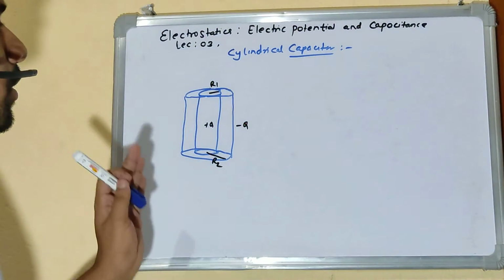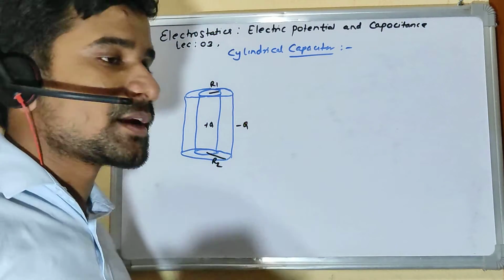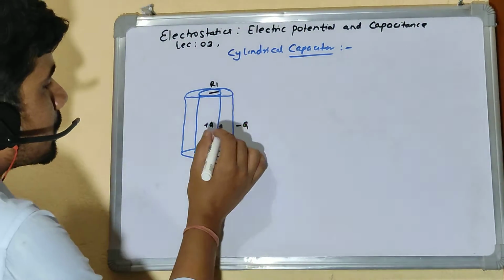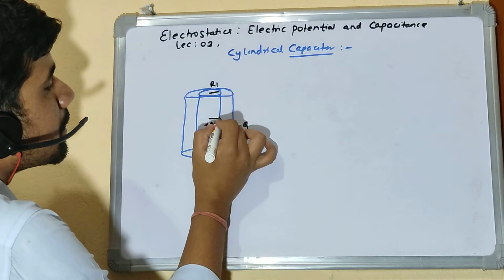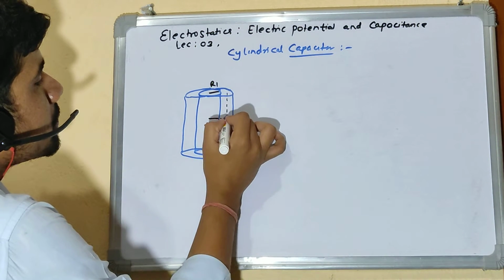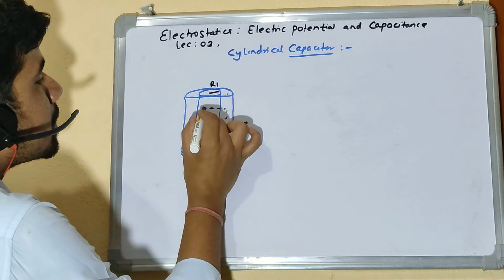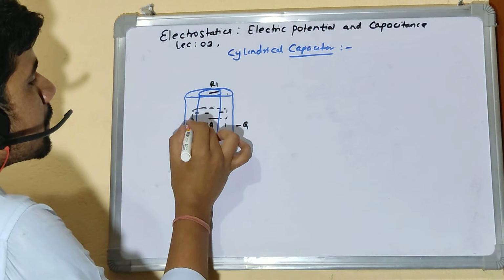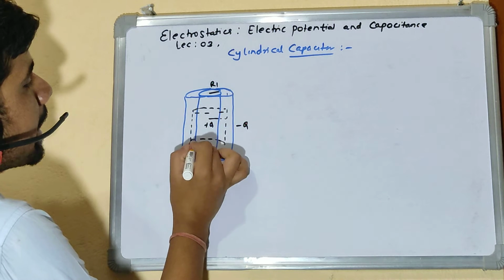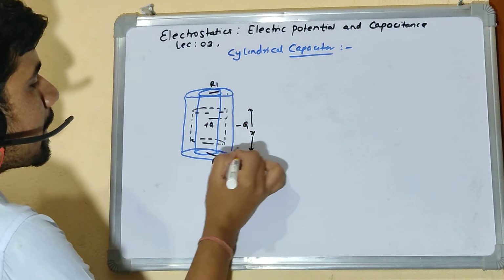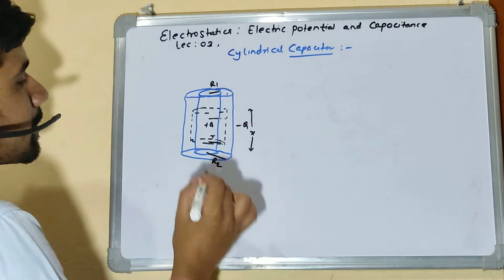Now we need to find the capacitance of this particular system, right? So, similar to the spherical capacitor, let's draw a Gaussian surface at a distance r, which will again look like a cylinder. Let's say a very small cylinder I'll draw here, and this Gaussian surface has a height of x and a radius of r, right?